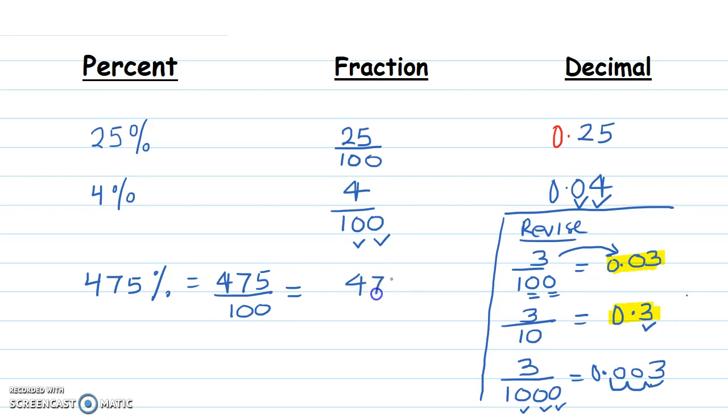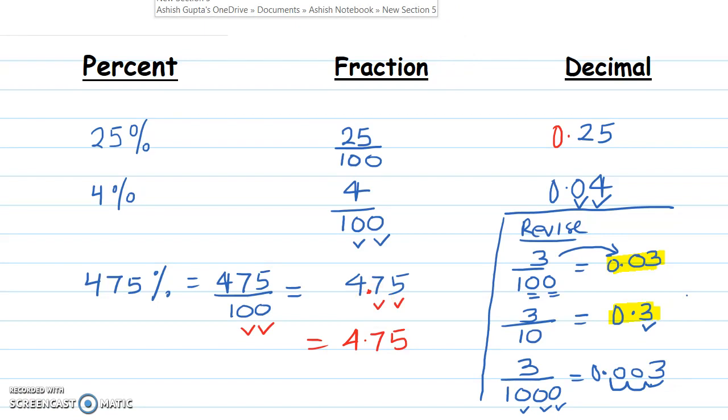Write down 475. Count how many zeros are there. So this is 1 and 2. So the point will be after 2 digits. It will be 4.75. Isn't it clear? Now I'm going to explain a few more questions based on percentage.